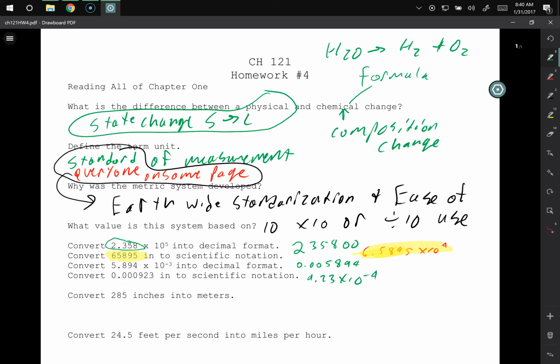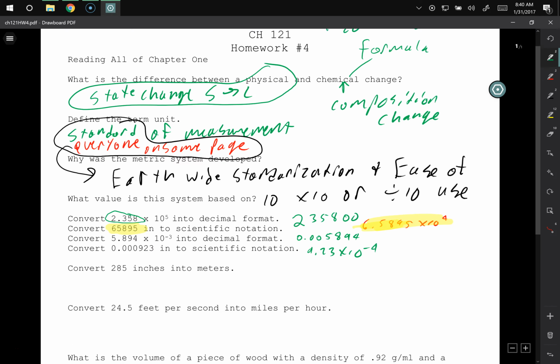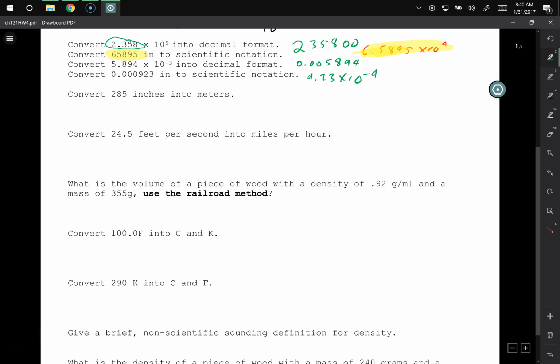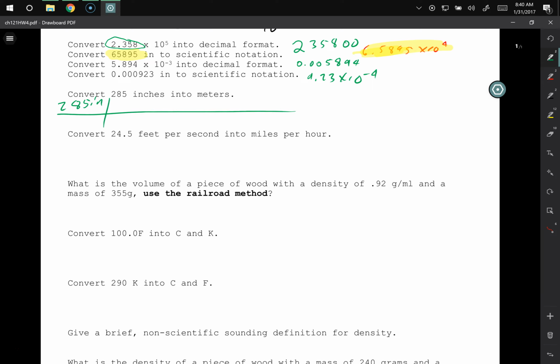Okay. So how about this, converting inches into meters? So I'm going to start off with 285 inches. And I need to get myself to meters. So what do I need to use? I need to get through centimeters.